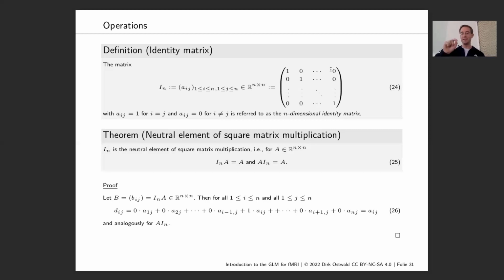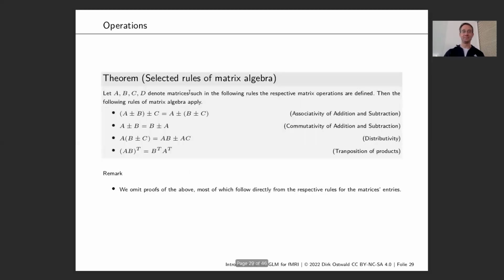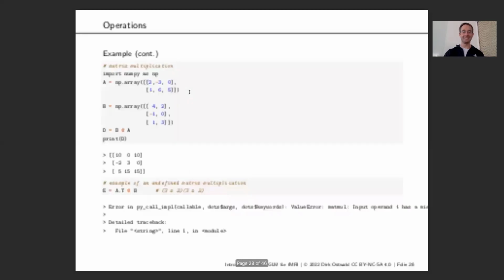Take a piece of paper and write as one matrix 1, 2, 3, 4, and next to it 1, 0, 0, 1, and multiply them. Do it now. It's the interactive part.